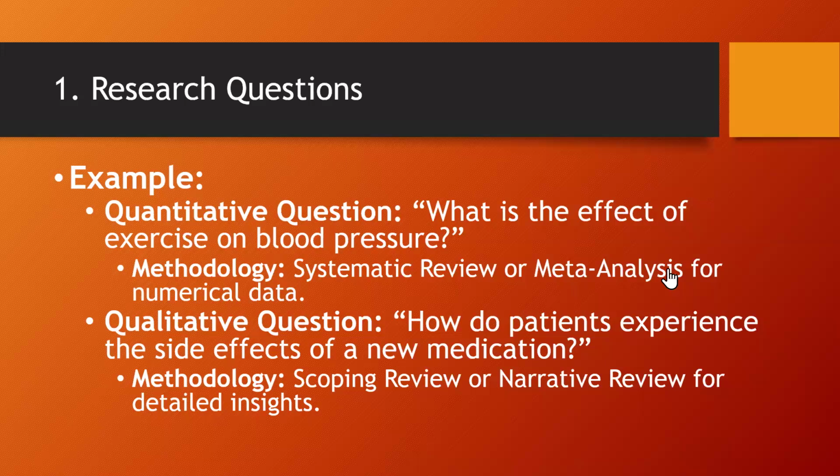Okay. I just saw one question. If you do a systematic review and you get numerical data, is it a must to continue to do a meta-analysis? It is not compulsory to do a meta-analysis. If your systematic review data are homogeneous, then you can continue with the meta-analysis.